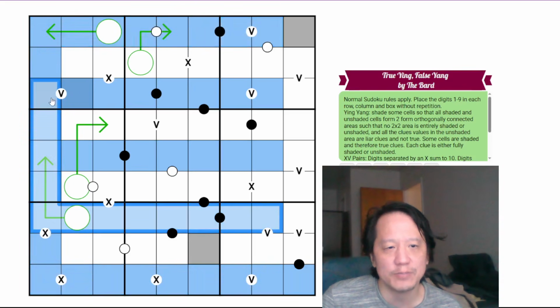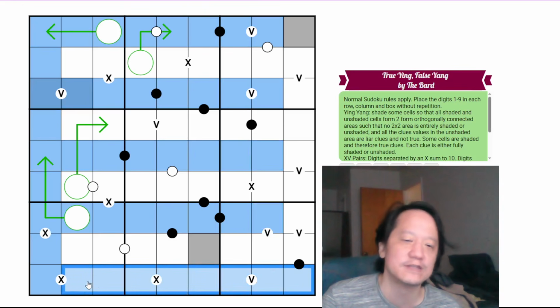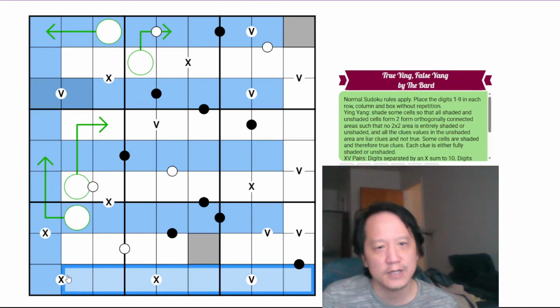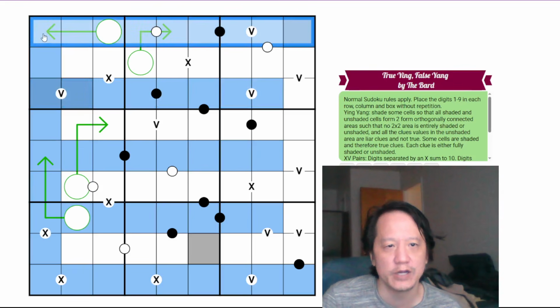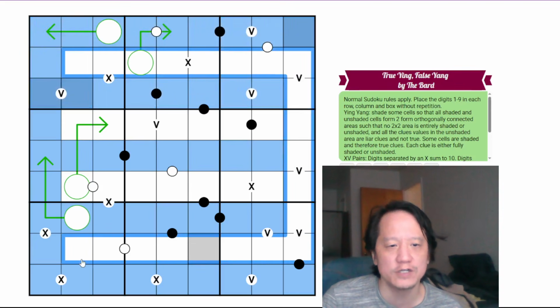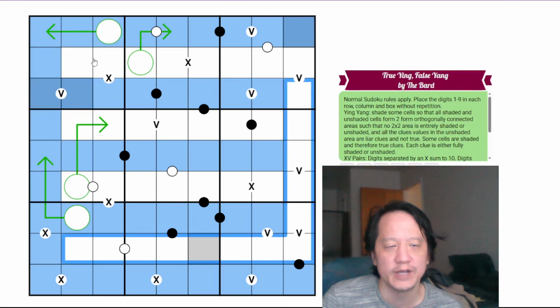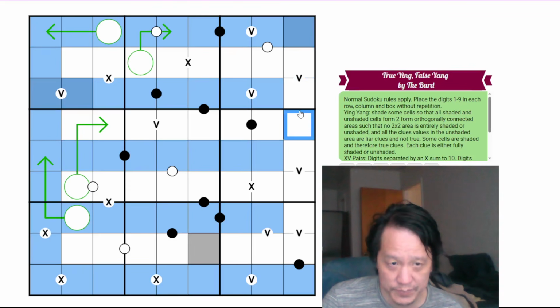So this is a valid yin-yang shading because you can go from any cell in the shaded region to any other cell in the shaded region just by going through edges while staying within the region. And it works the same way for the unshaded region, where you can go from any cell in the unshaded region to any other cell in the unshaded region just by going through edges, all while staying within the region.